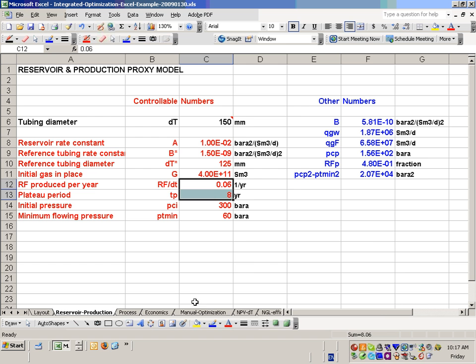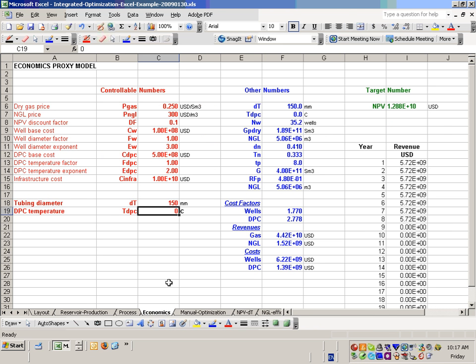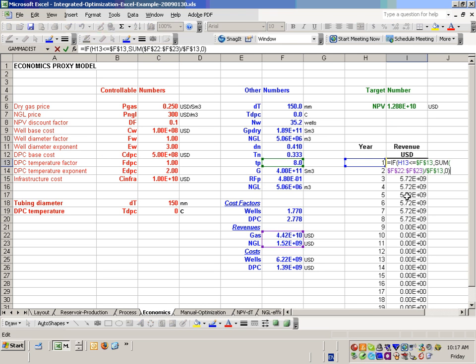Then you can add the plateau period as a time variable. The other thing is on the economics, we're giving no value for the last 50%, or after plateau, which we leave alone. But if you look at the formula for this revenue, which is kind of an important thing, I'm not completely comfortable with what I put there.